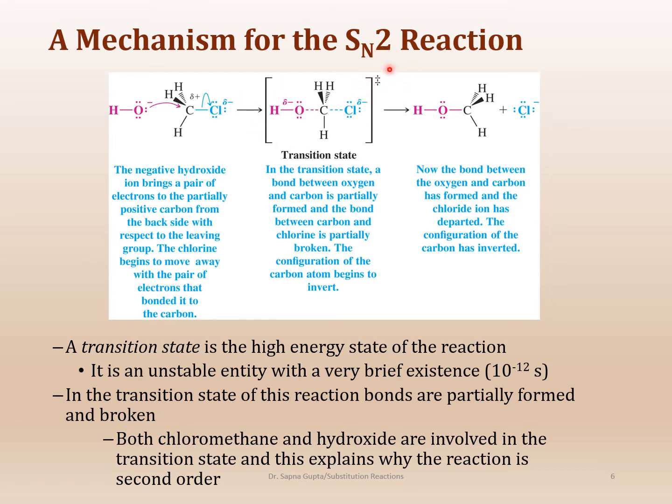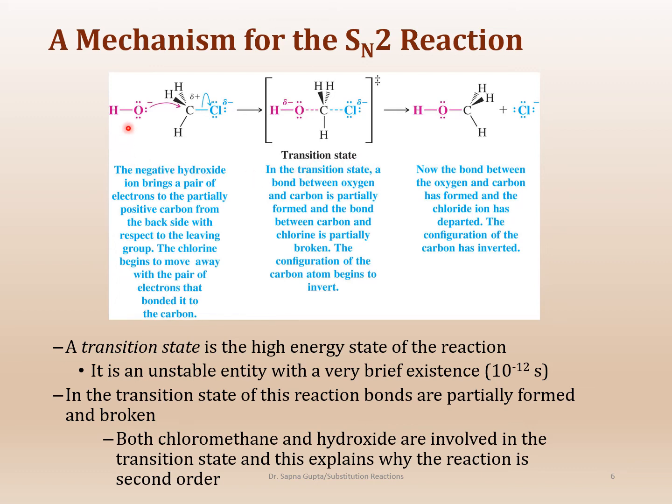Whenever you see that kind of symbol with square brackets, you will know that this is a transition state. Eventually, the leaving group is going to go away and the hydroxide will be attached to the carbon. So this is what the mechanism is. What does the bimolecular second order reaction tell us? It tells us that both the nucleophile and the substrate are going to be part of the transition state.